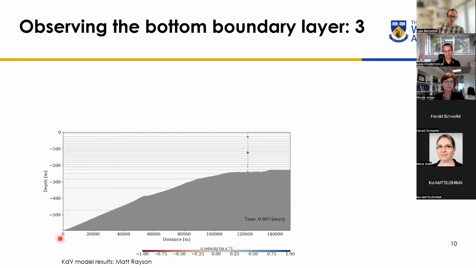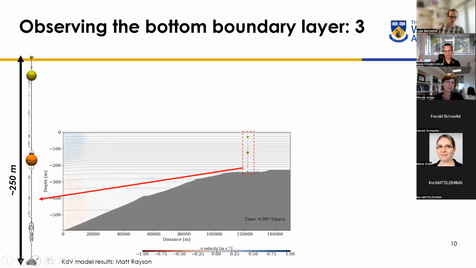So this shows you what our field setup looks like. We have these moored instruments spread over the entire water column, and this is a zoom in of our moored instrument frame, so we can pick up what the temperature and the currents are doing over the entire water column.